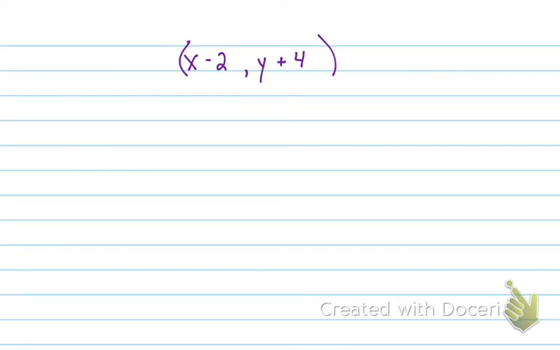It's just written a little different, but remember which direction the subtraction means. So if I said x minus 2, which way are you going? Left. You're going left 2 units. And if I said y plus 4, you're going up 4 units.